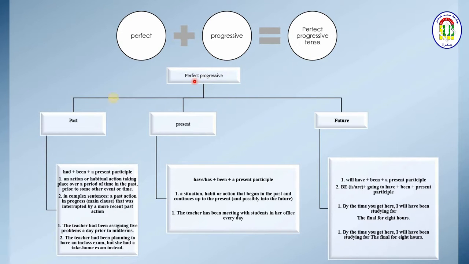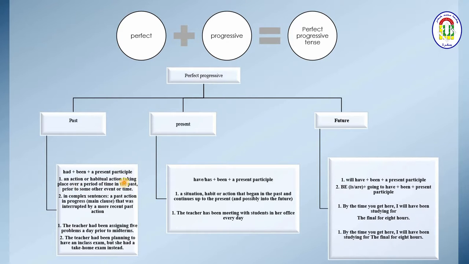The perfect progressive tenses can be past, present, or future. So for the past perfect progressive tense, what do we have? We have had plus been plus present participle. Let's see the uses and the examples.